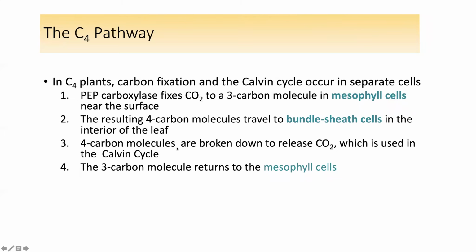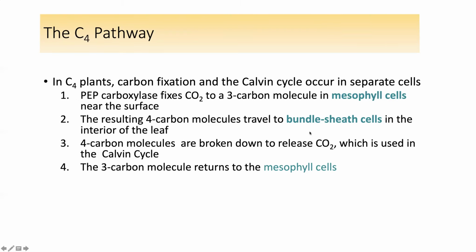The 4-carbon molecules then are broken down in these bundle sheath cells to release the carbon dioxide. Now this carbon dioxide is able to enter the Calvin cycle, all right, and basically go through the same process that we saw with the C3 cells. So the normal thing that we saw with the fixation, the reduction, and then the regeneration. So that will all take place now, but now it's taking place in these bundle sheath cells.